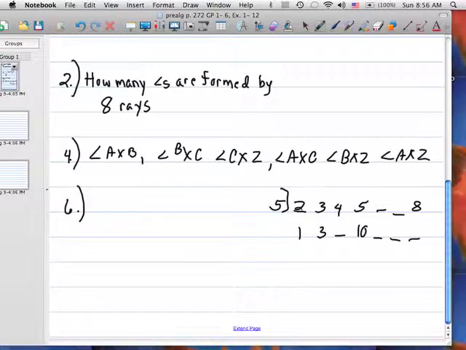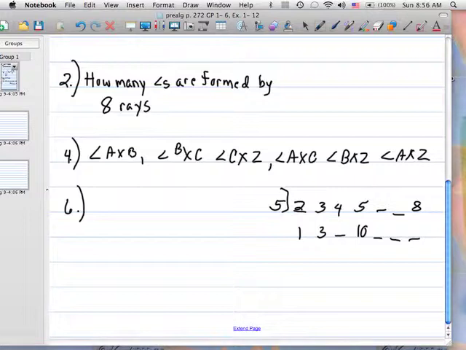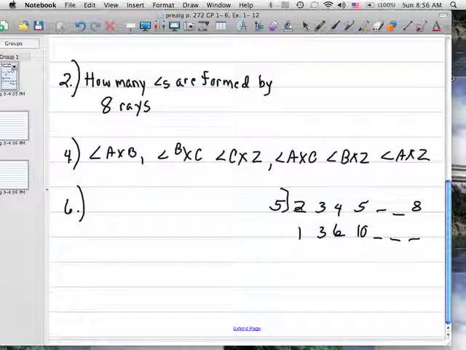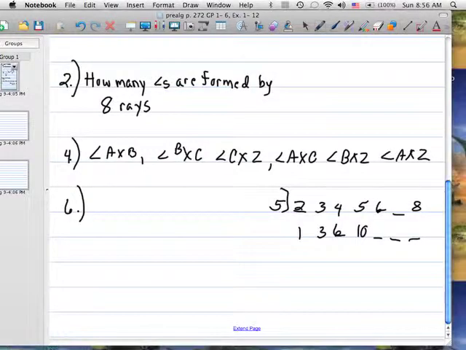So if there are 2 rays, I get 1. There are 3 rays, I get 3. If there are 4 of them, I got 6. If there were 5 of them, I have 10. So if I have 6 of them, there doesn't seem to be any real pattern here going from here to here, but there is something happening here.